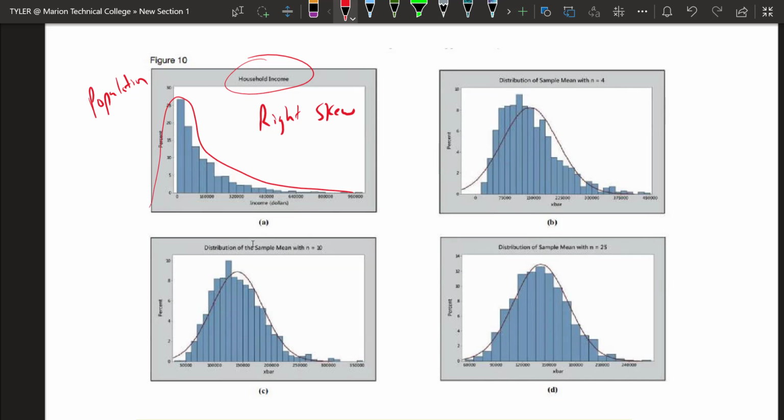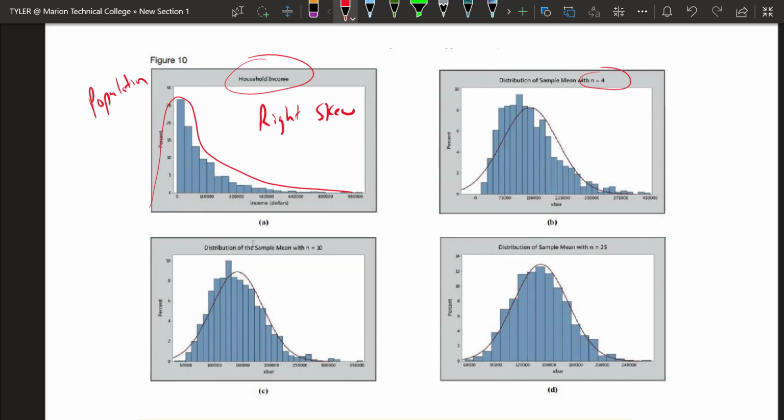Then this next relative frequency histogram looks at the distribution if n equals 4. So I'm picking a sample of 4 random people and writing down its sample mean. Picking another 4, writing down its sample mean. Another 4, picking out its sample mean, and so forth. And this is the distribution shape I get.